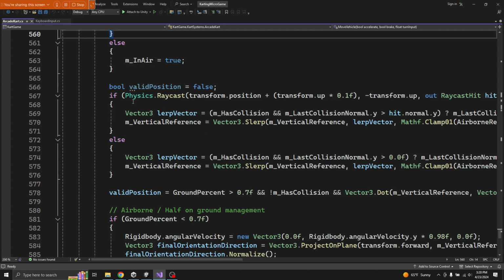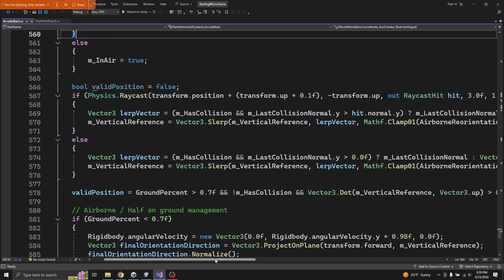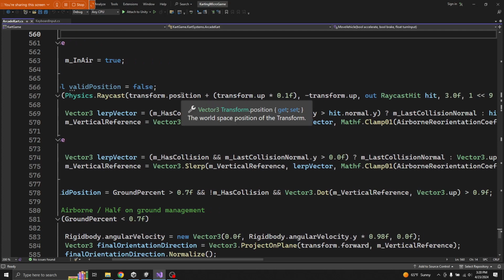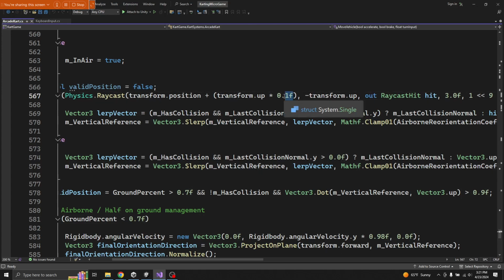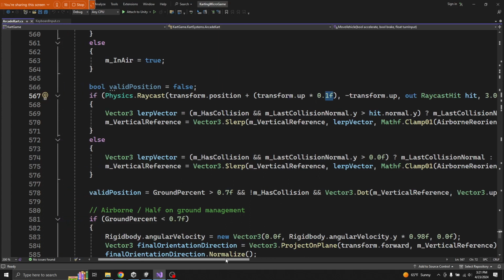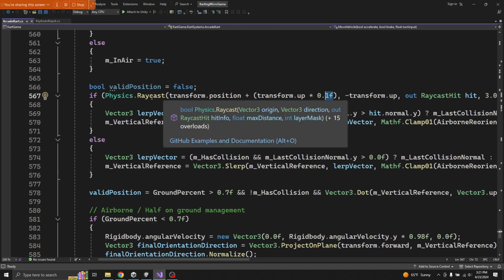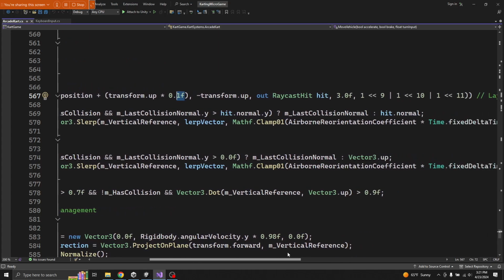So, if Physics.Raycast, take our current world position, add our local up, and multiply our up by a small number to shrink it down. It's a unit size vector of size 1, and if you multiply a vector by a float, it'll shrink it. So we're shrinking it down to a tenth of the size for whatever reason. When we're raycasting, I'm guessing we're going to shoot the ray down.